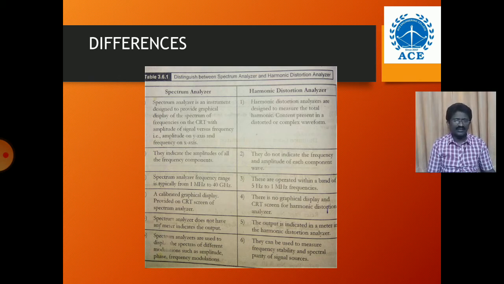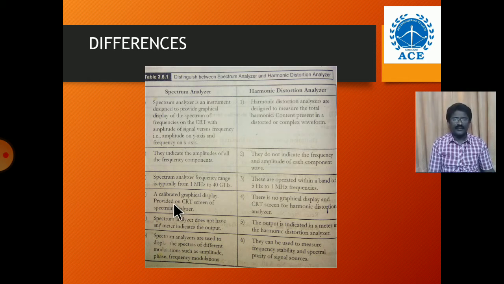Whatever the analyzer, with the help of design frequencies you can change the position of the working process also. Next, in a spectrum analyzer, a calibrated graphical display is provided on the CRT screen of the spectrum analyzer.